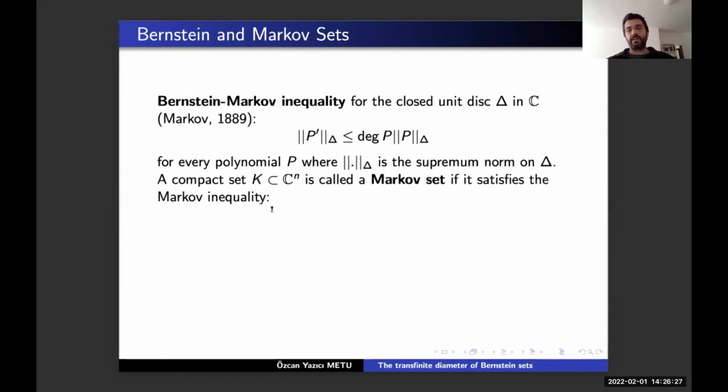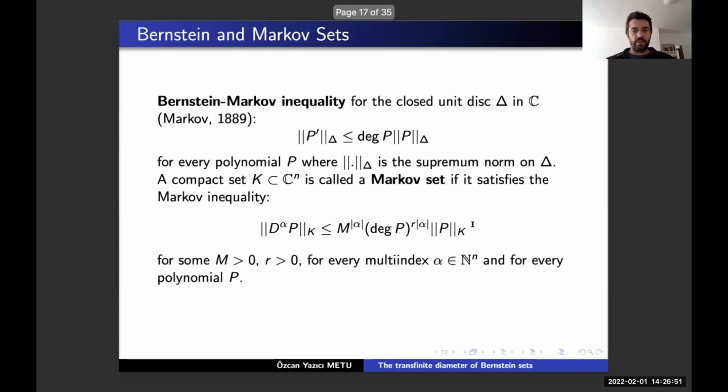The Bernstein-Markov inequality holds on the unit disk, and we generalize this inequality and define Markov sets. We say a compact set is a Markov set if it satisfies the following generalization of this inequality. On the left-hand side, we have d alpha p, the partial derivative of the polynomial p, where alpha is a multi-index.